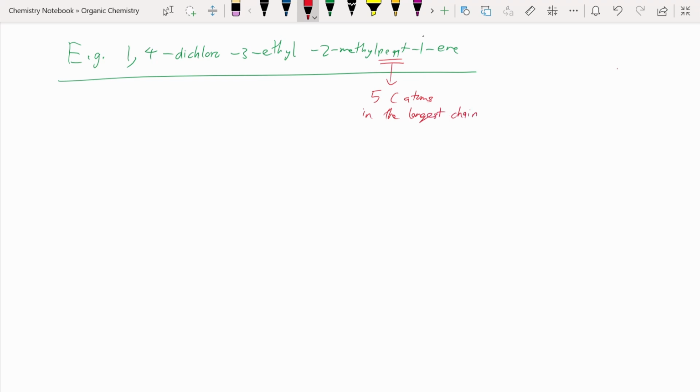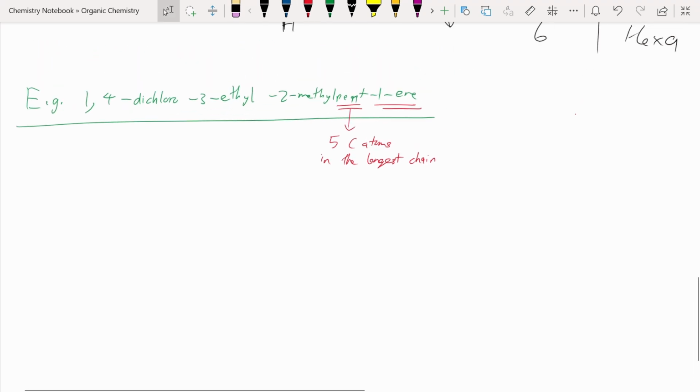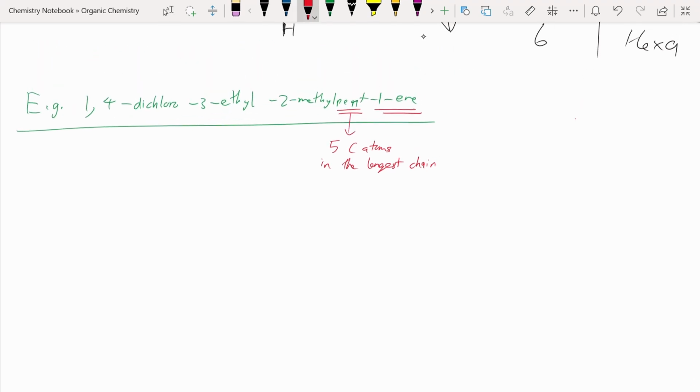Yeah. Then next up we have the suffix. For the suffix, it indicates the functional group. And this is an alkene. So it's a C double bond C. And this number here indicates it's on carbon 1.